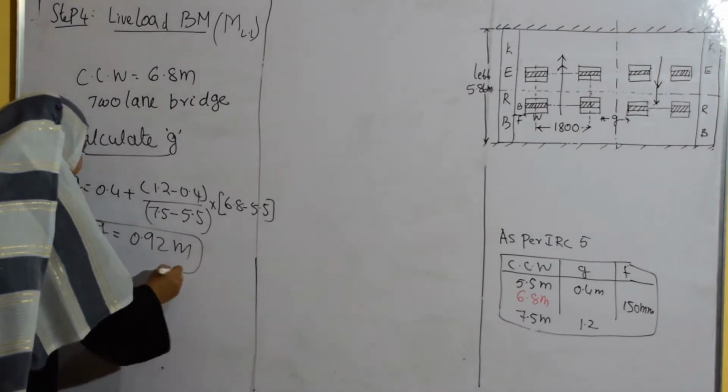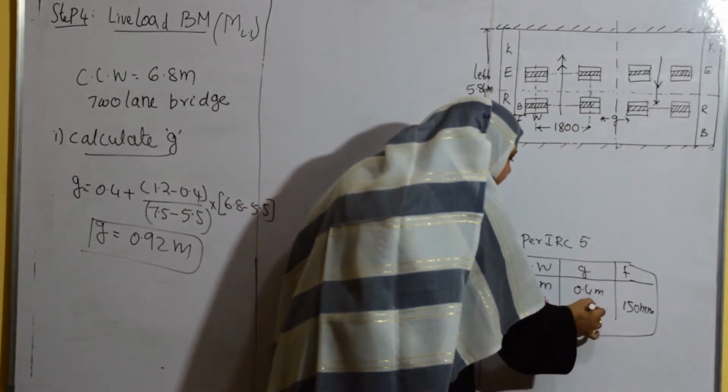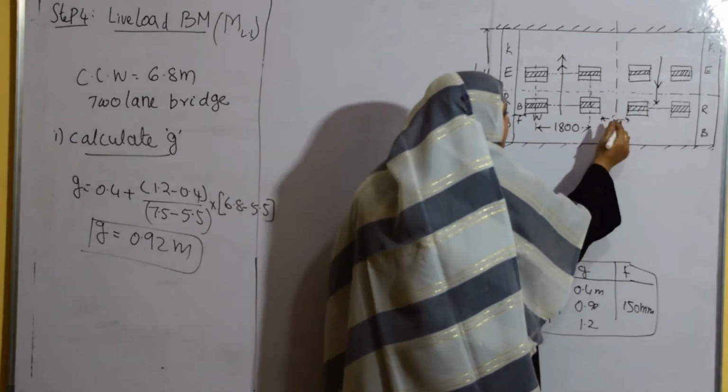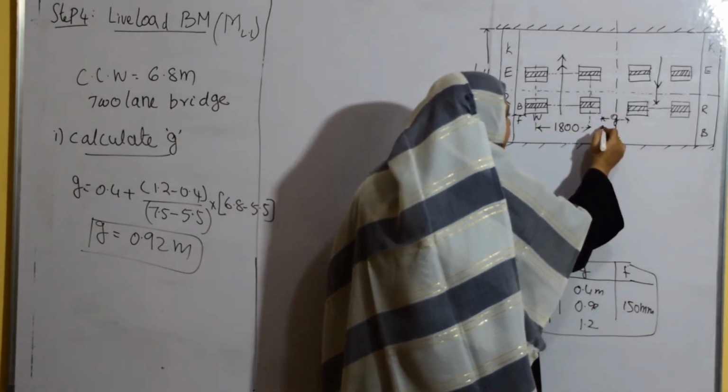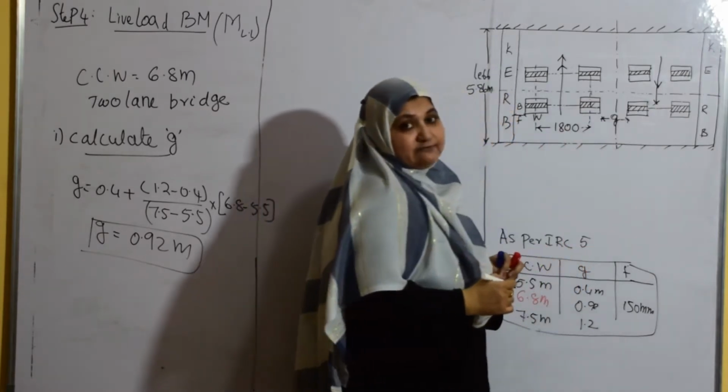So G is 0.92 meters for my carriageway. This is from the outer edge of the tire to the outer edge of the crossing vehicle.